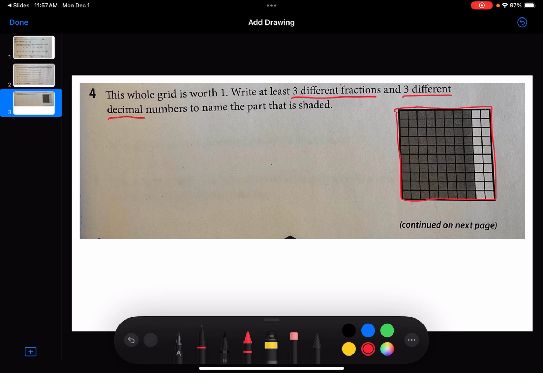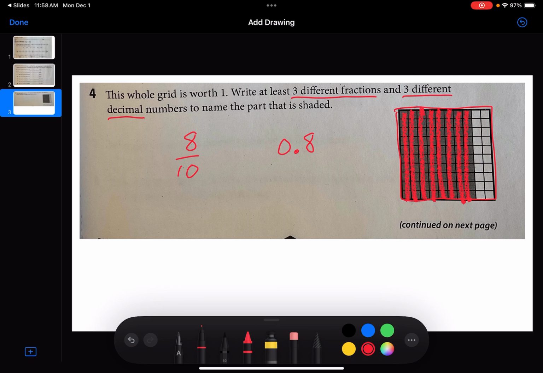So as fractions, I'm going to start with fractions, I can see that each one of these columns is a tenth. So there's 3 tenths, 4 tenths, 5 tenths, 6 tenths, 7 tenths, 8 tenths. So if I wrote that as a fraction, I would write it as 8 tenths. If I wrote it as a decimal, I would write it as 0.8.